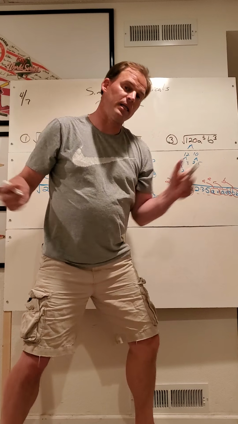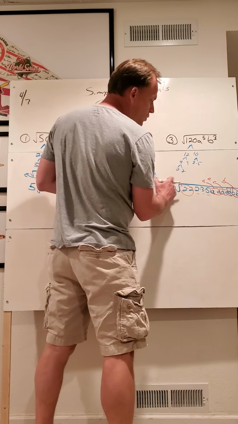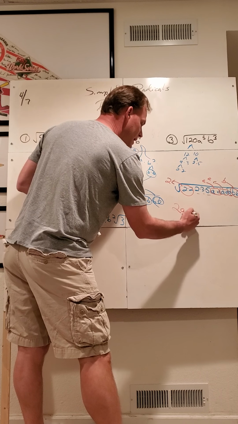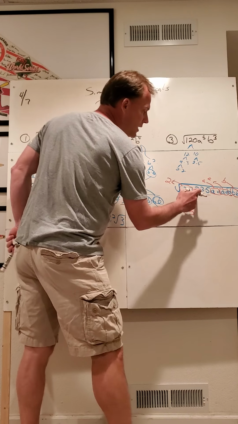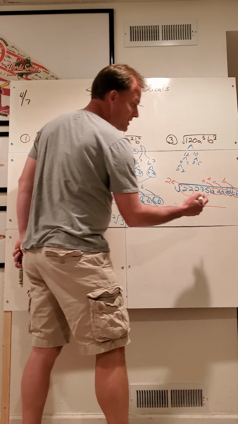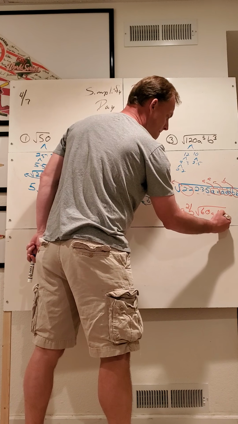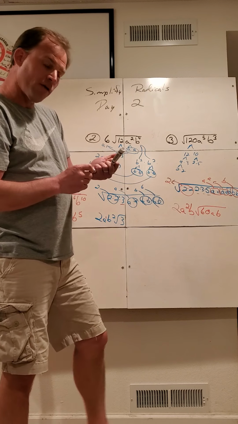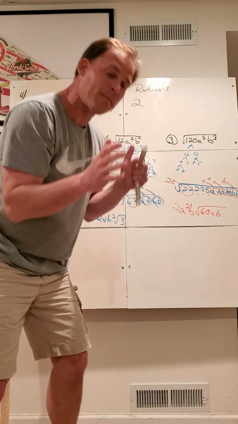One B left inside. So let's put it all together now and see what we got. I got a 2, an A, and a B. So I've got 2A squared B outside the radical. 2, 3, 5. Put that all together, I get 60. 1A, 1B. 60AB left inside.